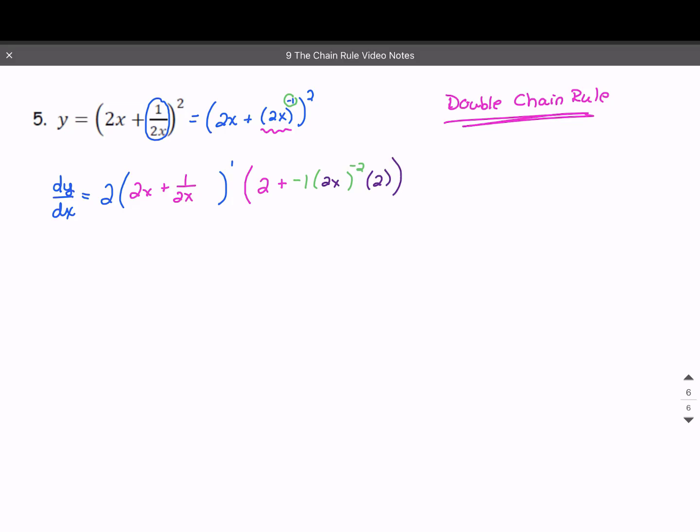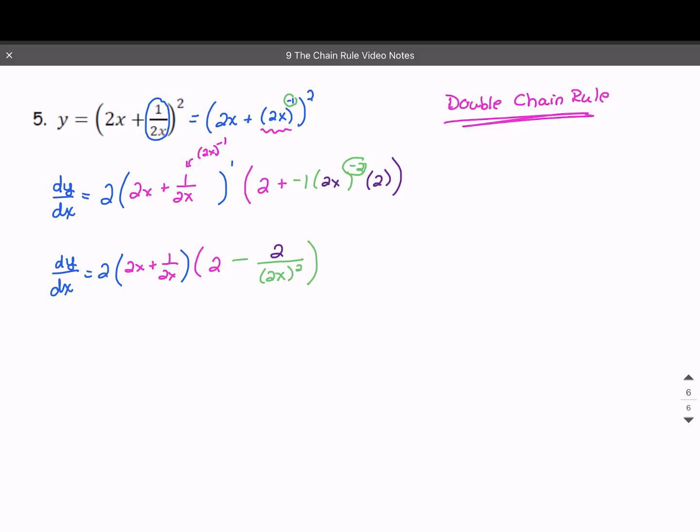Whew. All right, let's see what we've got here. dy dx equals 2 times, and we've got the 2x plus 1 over 2x. So if at this point you had written the 2x to the negative 1, this is the point where you would change it to 2x, okay? Times, we've got 2. Now that plus really should be a minus, shouldn't it? Because plus a negative 1 is a minus. And a negative 1 times 2 is a negative 2. But this exponent is going to have me put the 2x in the bottom and square it.